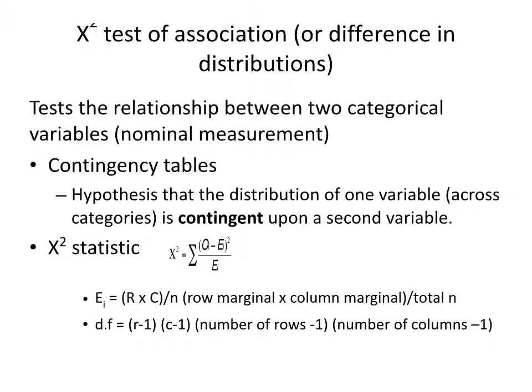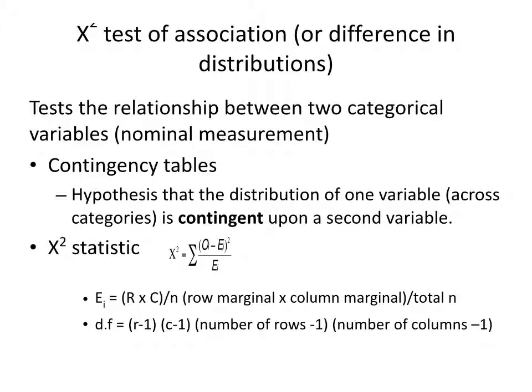So the expected frequency is defined as the expected value in a cell, and that is given as the row total times the column total divided by n, the total number in the sample.